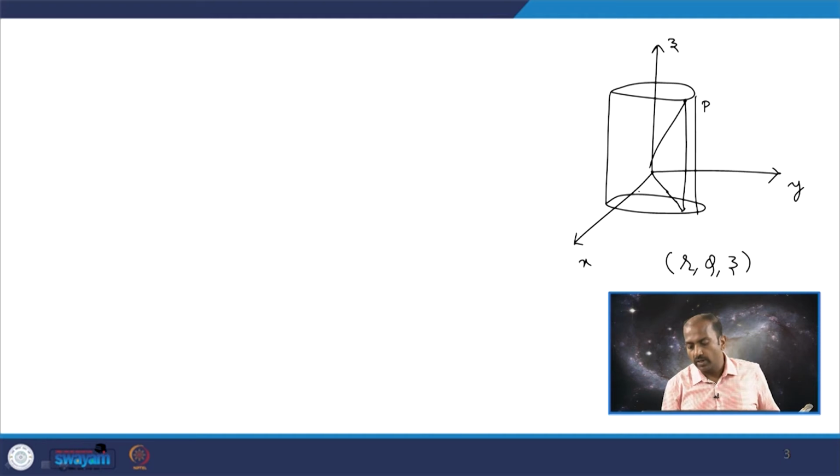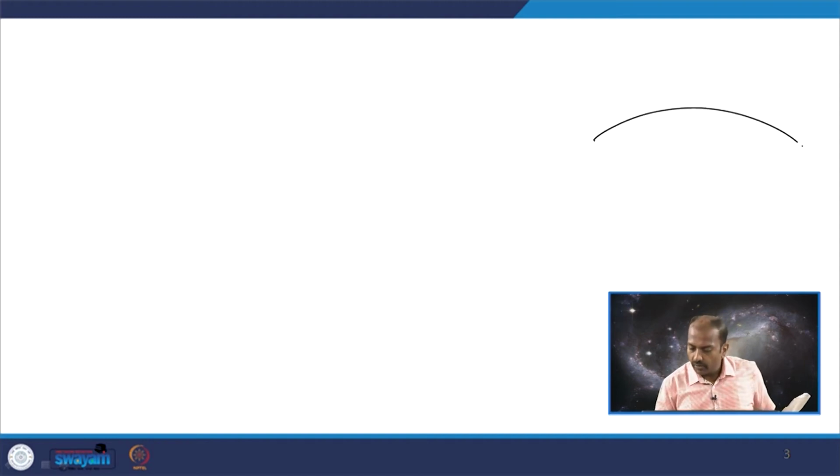If you want to reach this point P in the anti-clockwise direction, the amount of angular rotation you have to do to reach this plane is referred to as phi. The point P's perpendicular distance from the xy plane is referred to as z, and r is simply the point P's intercept onto the z axis, right. So, this is the basic idea of the cylindrical coordinate system, right.